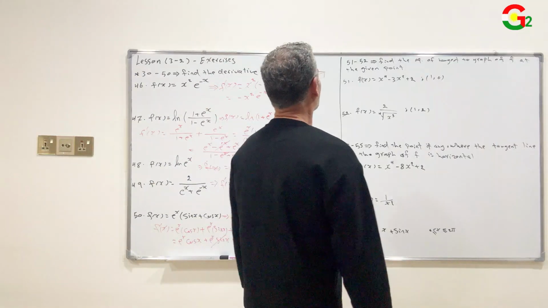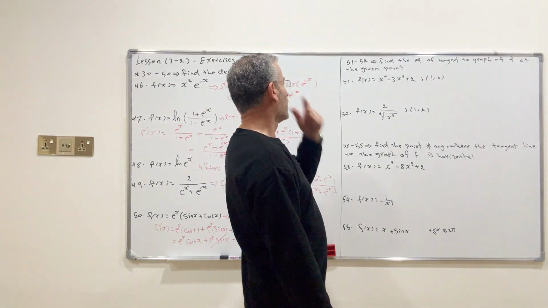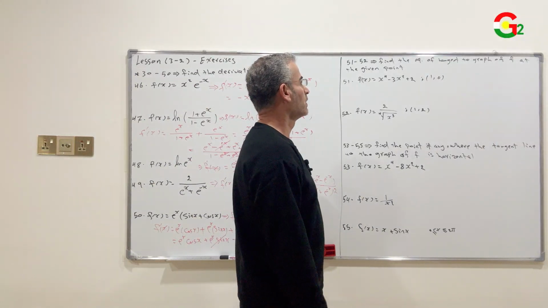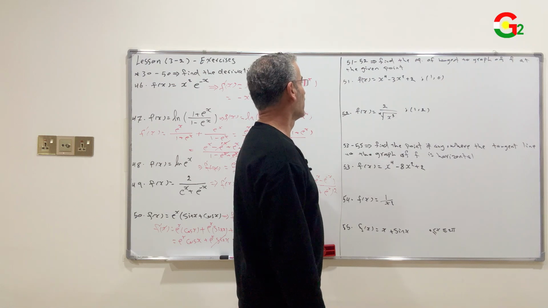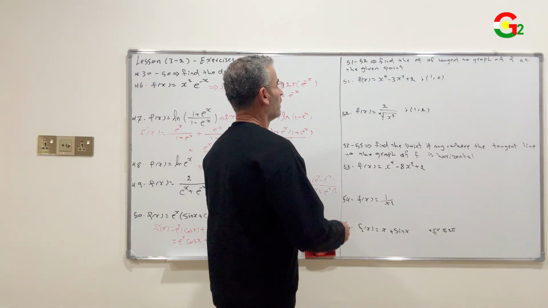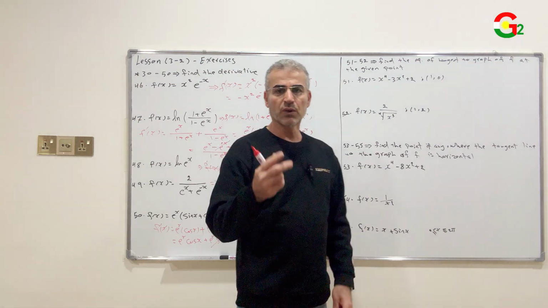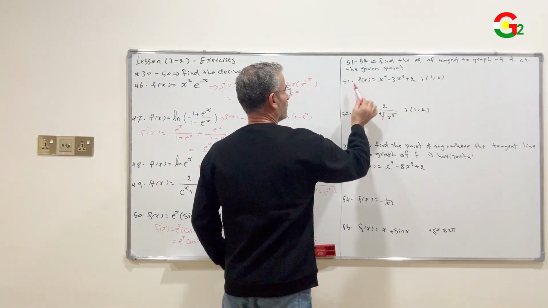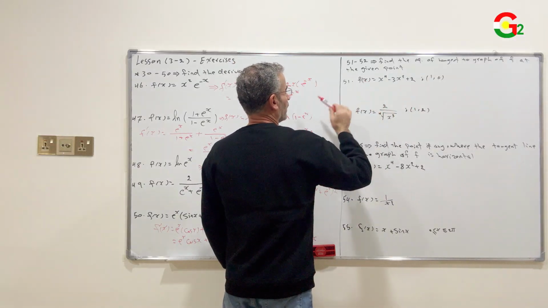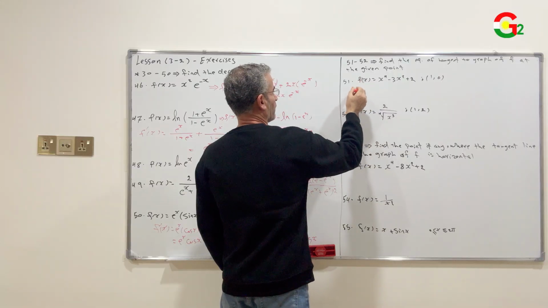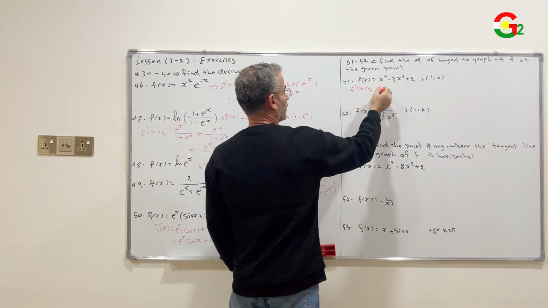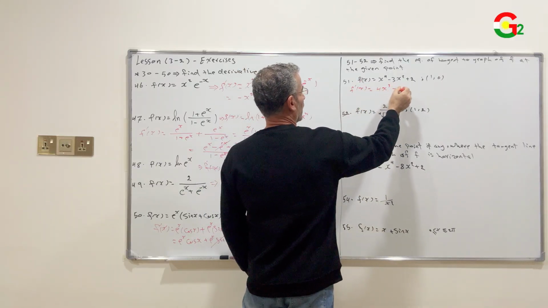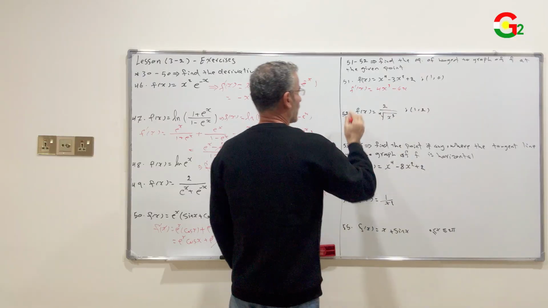Question number 51 and 52, find the equation of the tangent line to the graph of f at the given point. To find the equation of the tangent line, we need the slope and point. We have the point, and we find the slope from the derivative of this function. F prime of x equal to 4x cubed minus 6x.